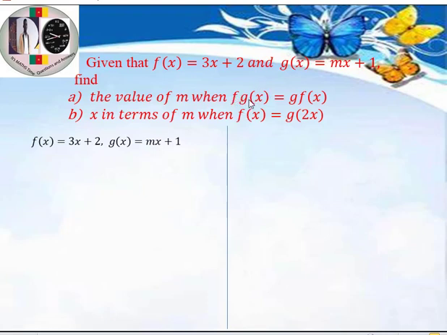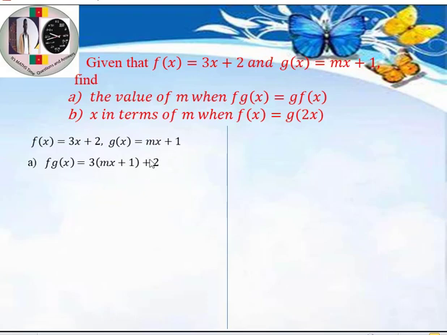So the function of f g of x will be 3 into x plus 2. But what is x? x is g of x, because we have f g of x, and g of x is mx plus 1. So 3 instead of x, we have g of x, which is mx plus 1, plus 2.